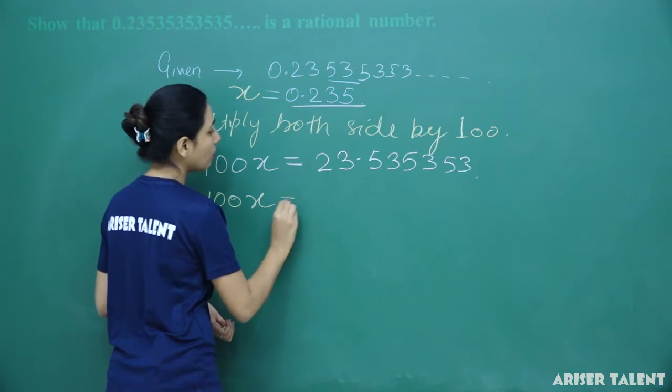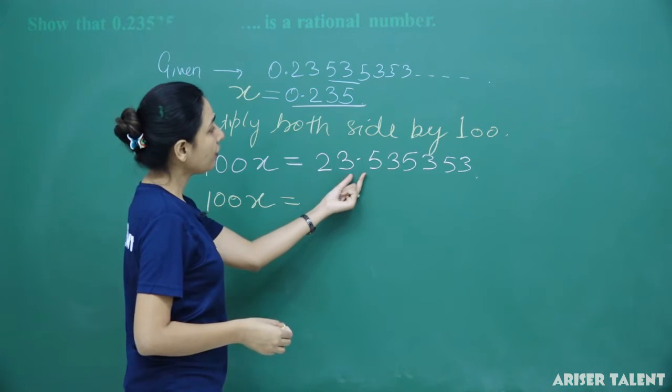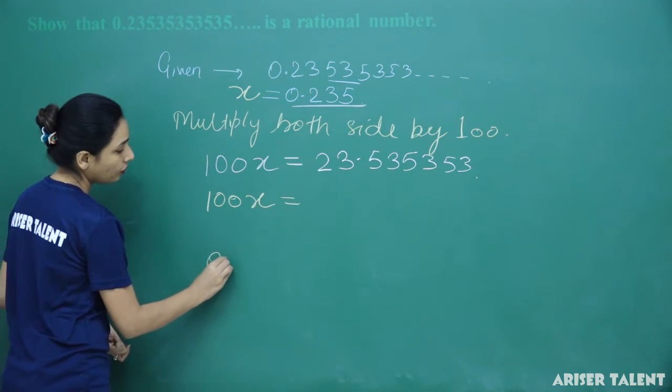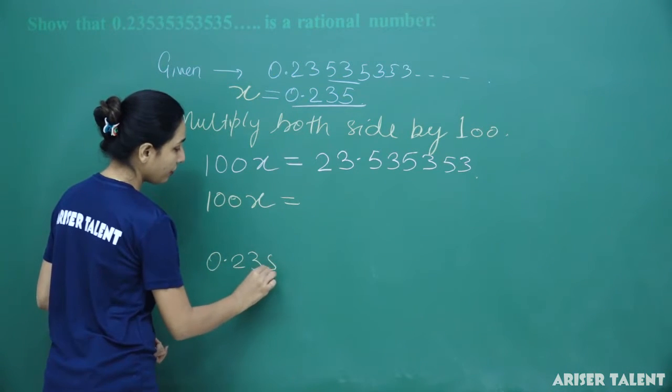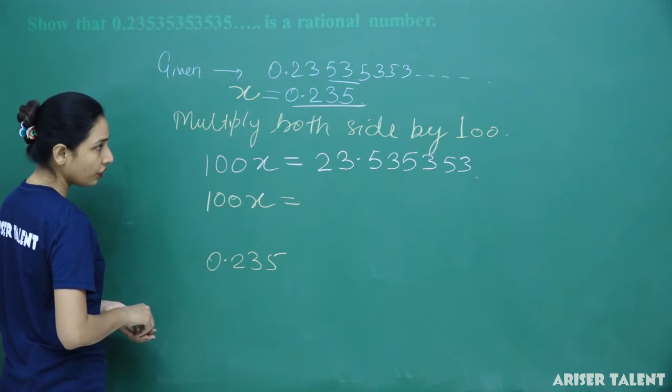Okay. Now we have to make it like 100x equals to 23.535353, and this you are having 0.235. Okay, so you have to cut it short in this way. So how will you do that?